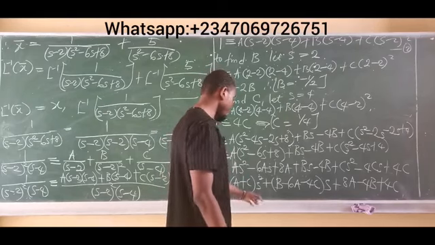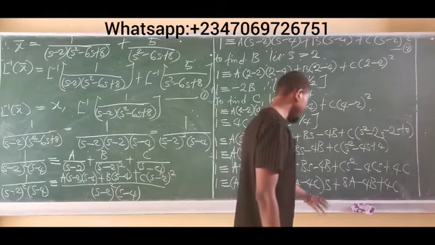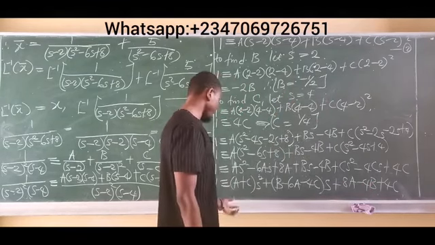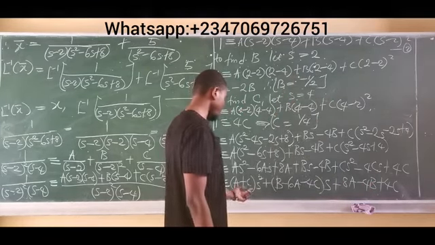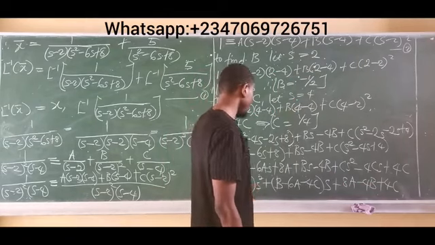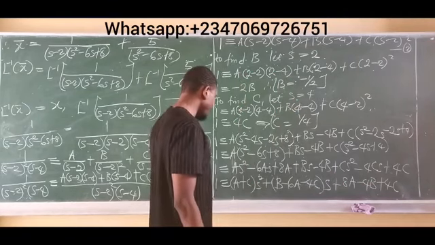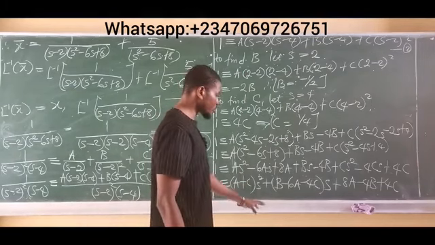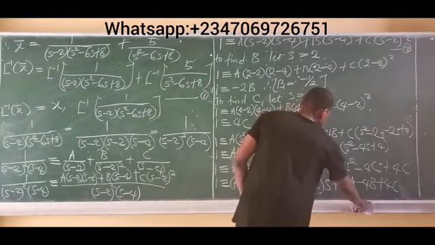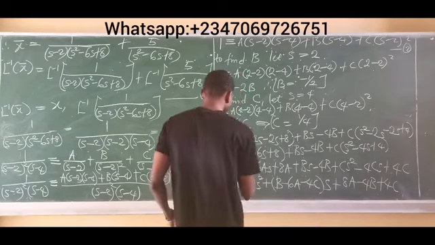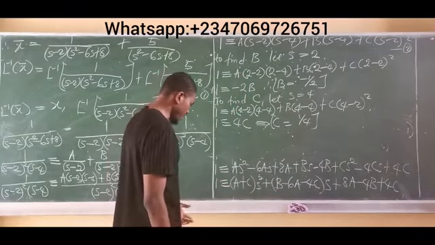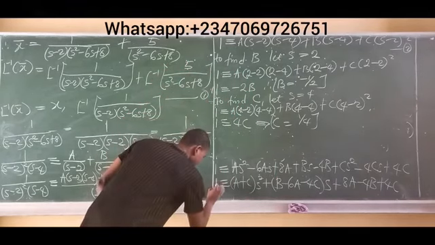We can either compare x squared, compare x, or compare the constant term, and I think the easier one here is to compare x squared, since I have a plus c multiplying x squared. On the left hand side, I only have the constant term 1.